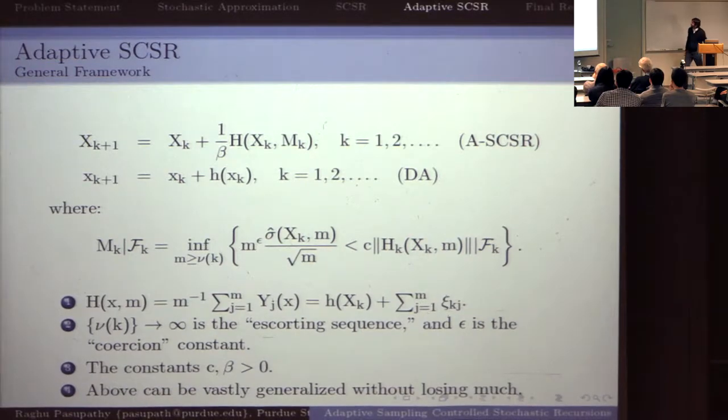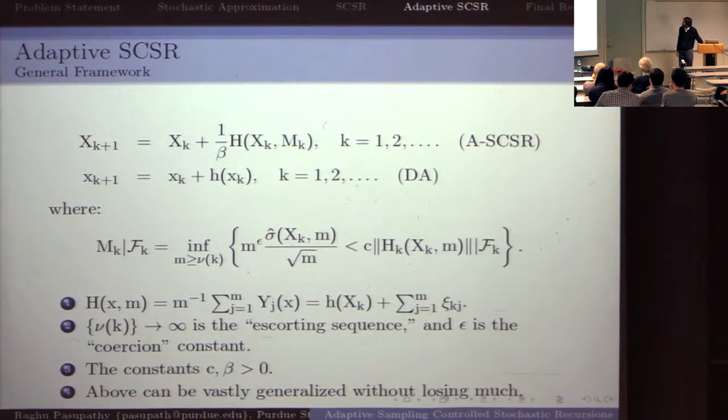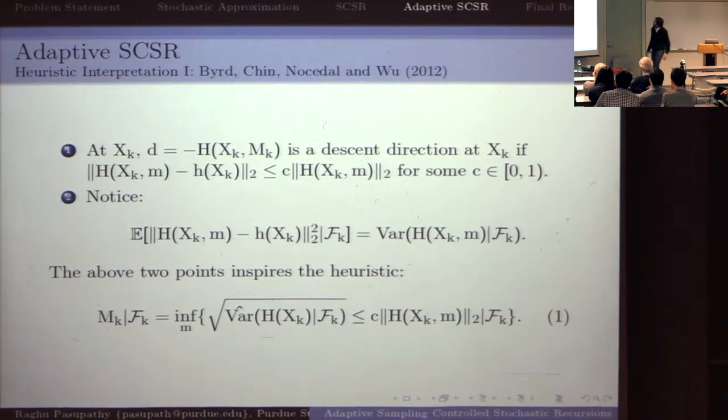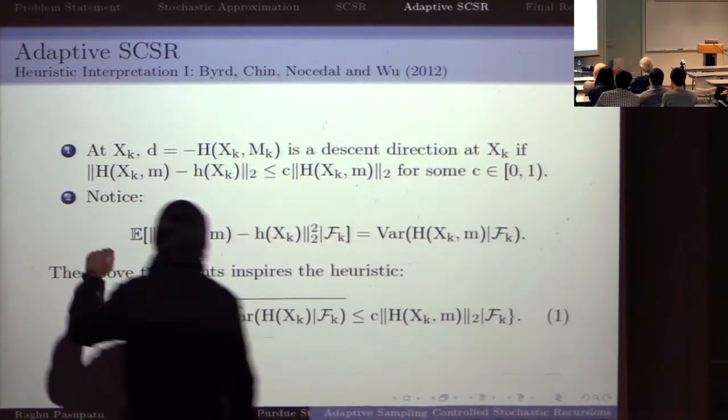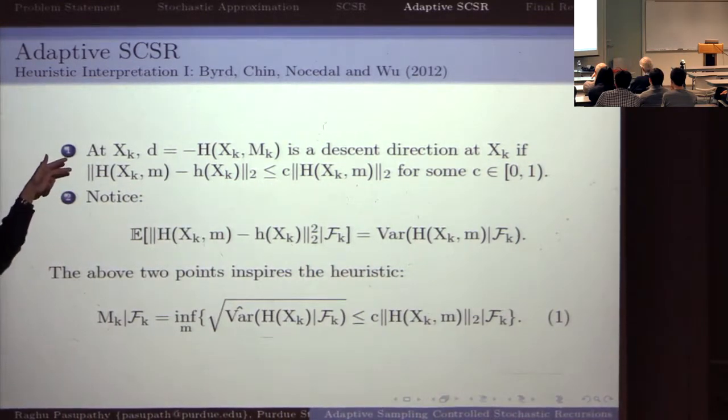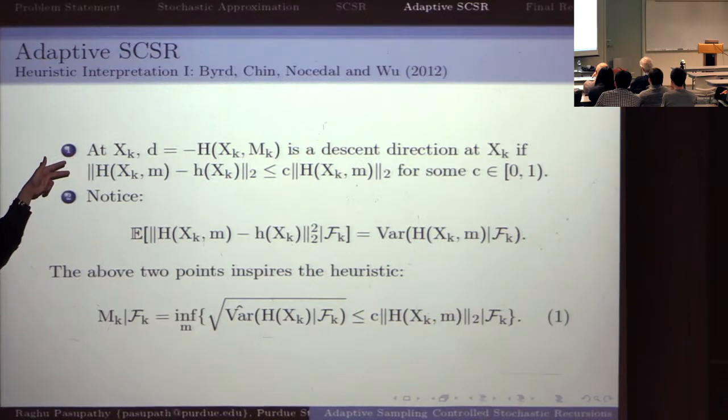But what is interesting about this rule is that Jorge Nocedal and his co-authors came up with a very similar rule from a completely different standpoint.